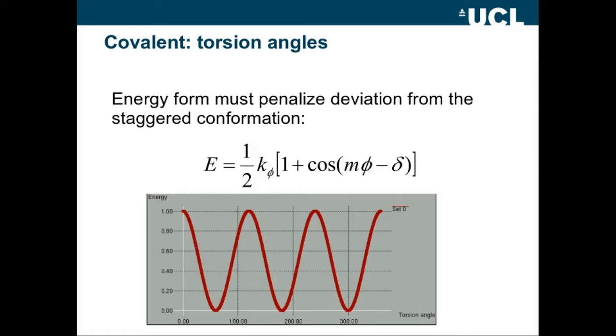Now of course that's not what we want. We do indeed want to have a maximal value at 0 degrees and 360 degrees, but we also need to have maximal values at the other eclipsed conformations of 120 and 240 degrees.